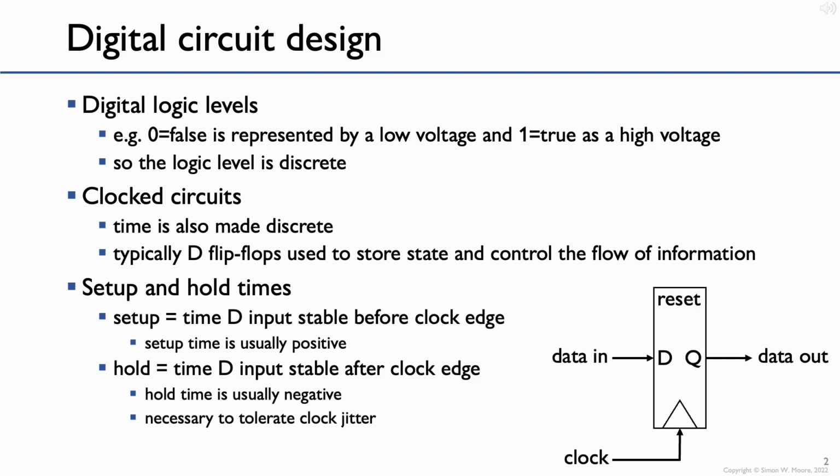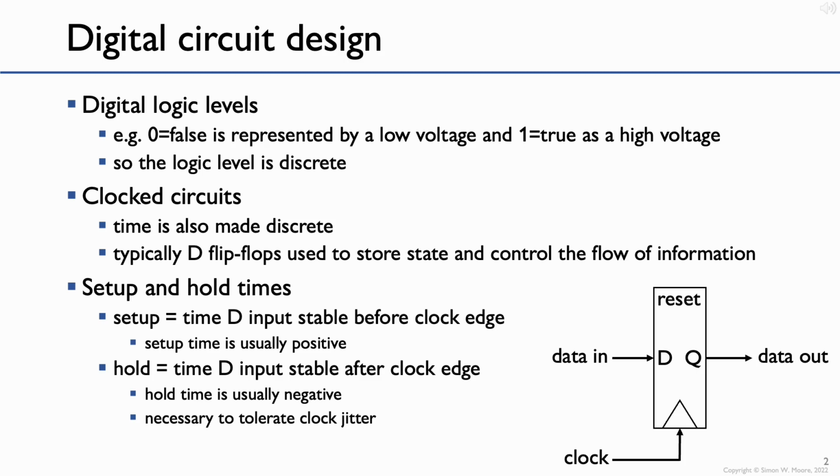The hold time is the time the D input must remain stable after the clock edge. This is a little unusual in that in most circuits the hold time is negative. That's usually needed to tolerate what they call clock jitter, where you've got variance in the clock going into different D flip-flops.